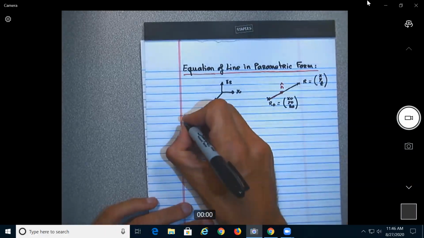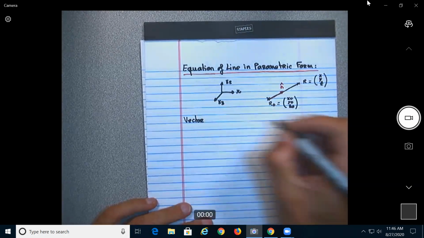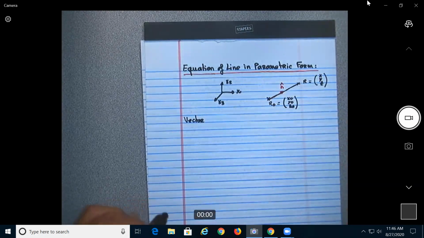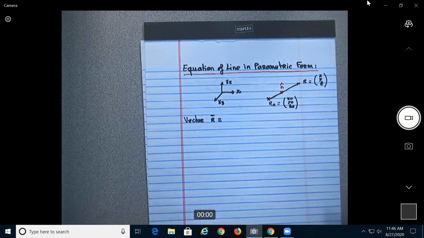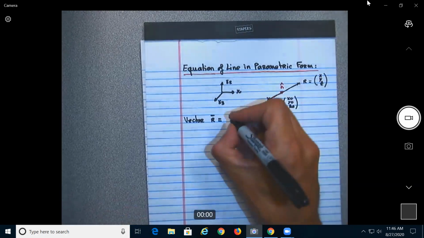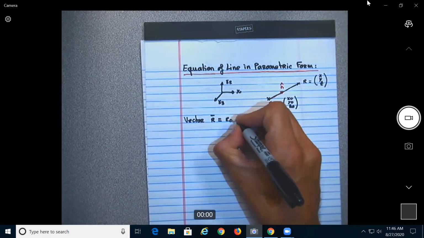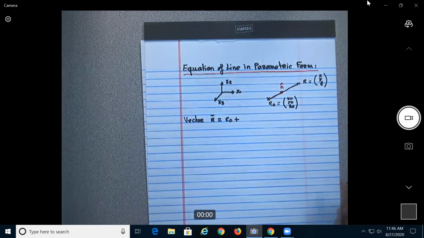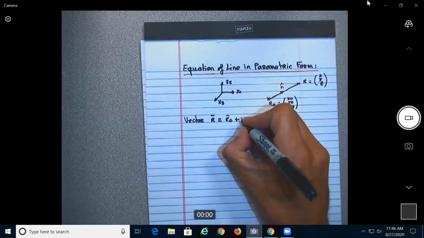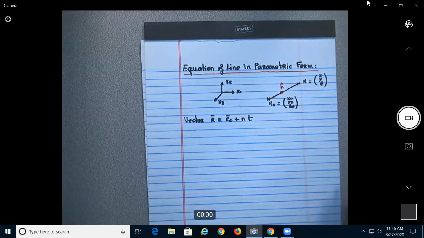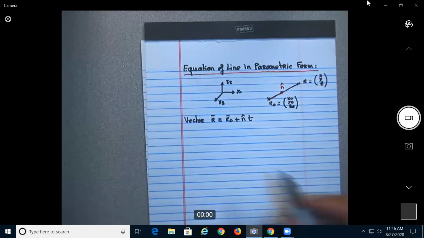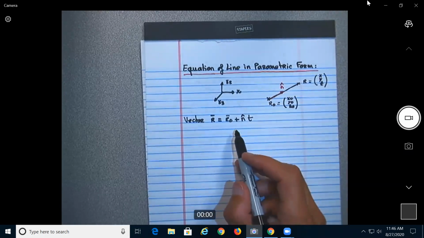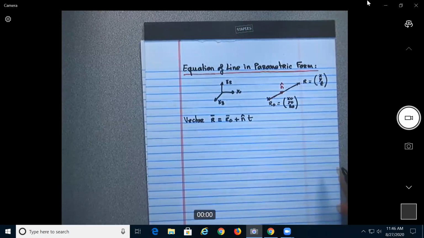So the vector r, this is the definition, would be equal to r naught plus nt. For example, what is the definition of a straight line? It is y equal a plus bx, no? Basically, this is exactly the same thing.